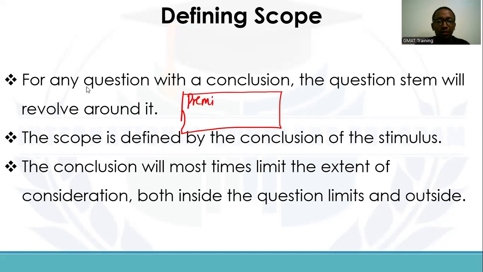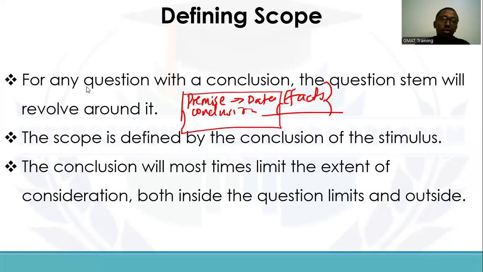Remember, we have our premise and then we have our conclusion. The premise is the data points that we have, or the set of facts. Because they are mostly sets of facts, the conclusion itself can limit itself to one or two facts.